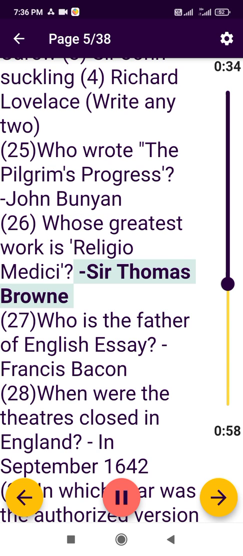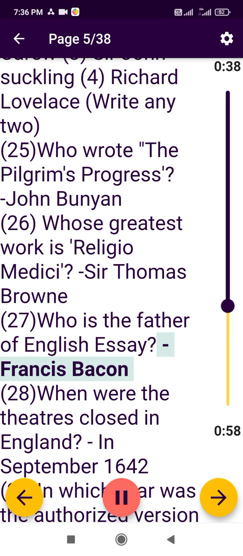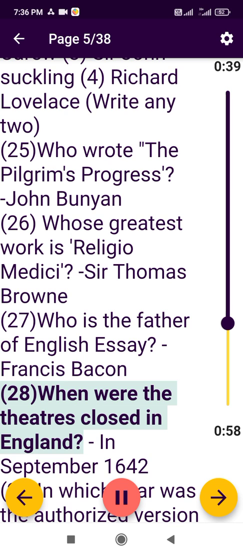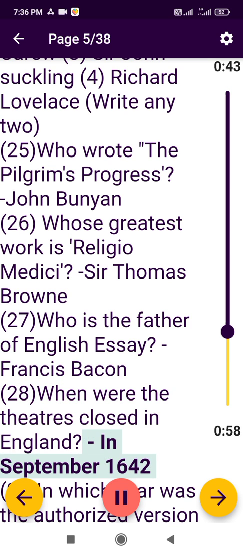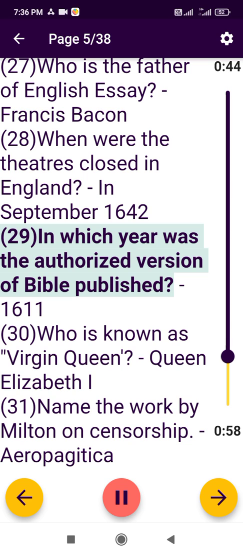Sir Thomas Browne. 27. Who is the father of English essay? Francis Bacon. 28. When were the theatres closed in England? In September 1642. 29. In which year was the Authorized Version of the Bible published?